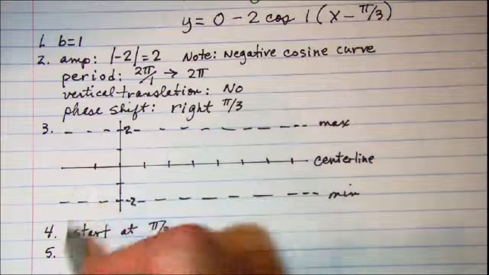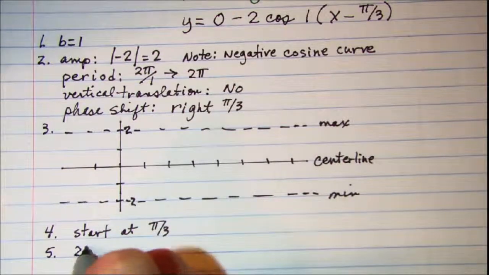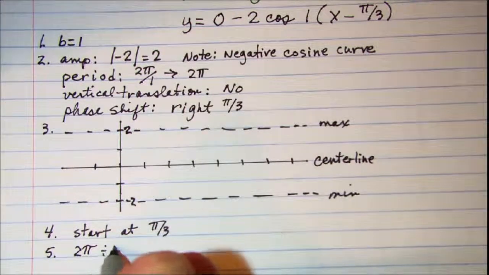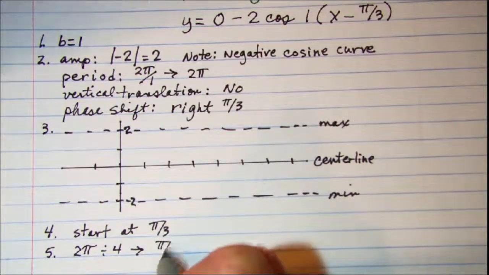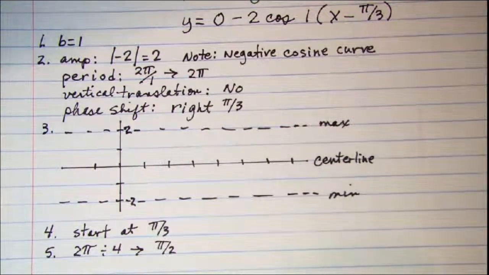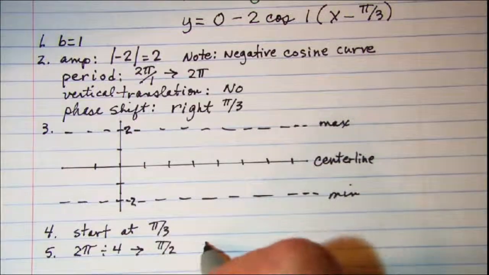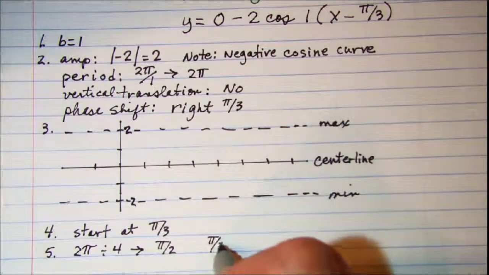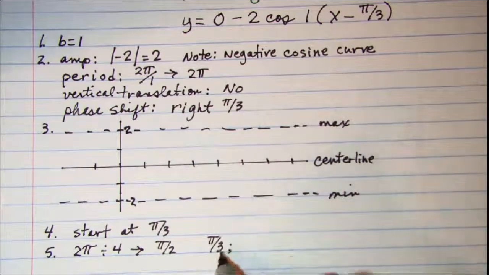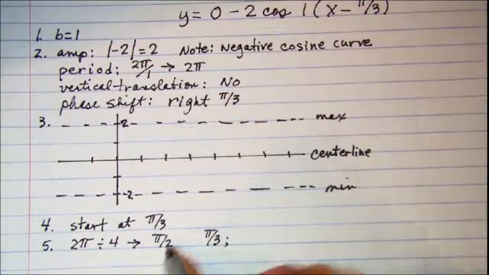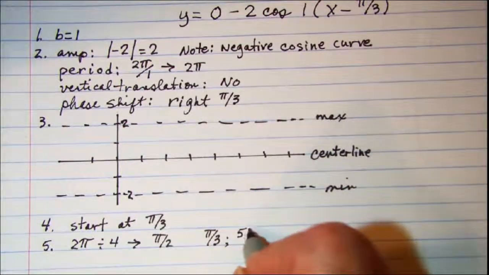Our period is 2 pi divided by 4, which gives us pi over 2. So we'll start at pi over 3. And then our next value, if we take pi over 3 and add pi over 2, we get 5 pi over 6.